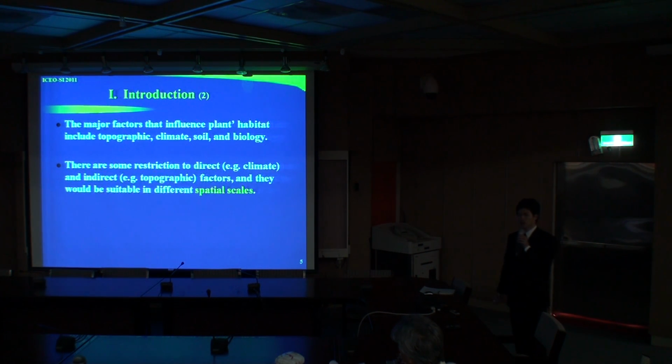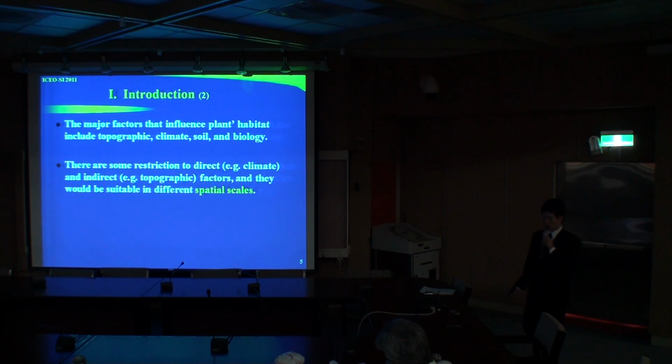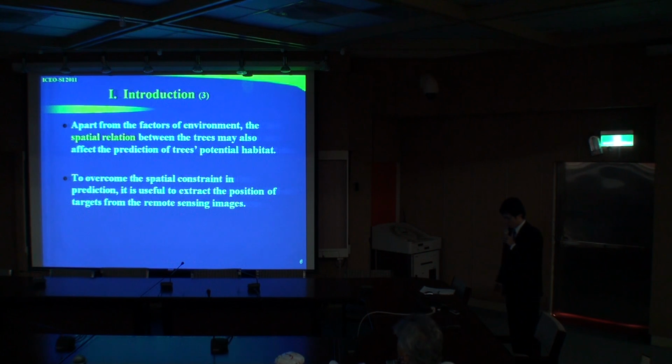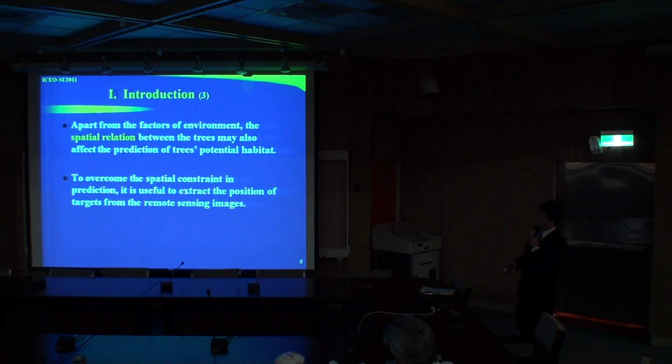But field survey in the mountain is very hard, so we cannot acquire many samples everywhere. To overcome these constraints, it is very useful to extract the position of targets from remote sensing images.